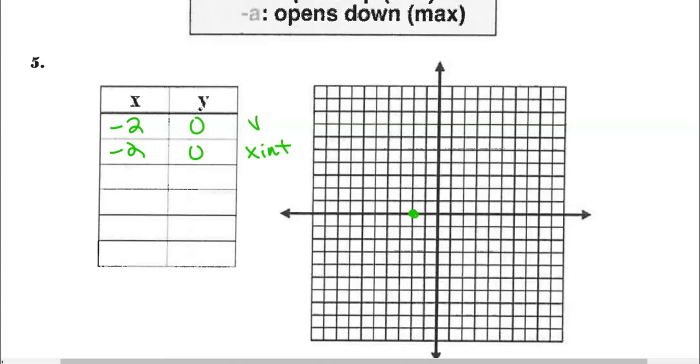Okay. So to get my y-intercept, we want x to be 0, right? Can one of these have no y-intercept? There will always be a y-intercept. Good question. Yep. Every quadratic always has one y-intercept. Good.